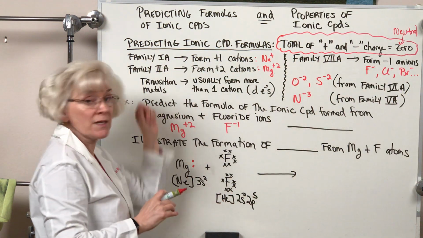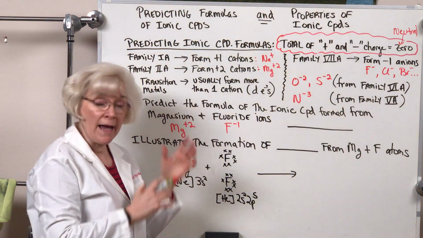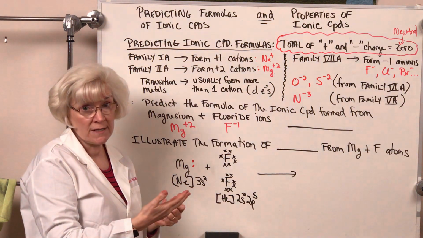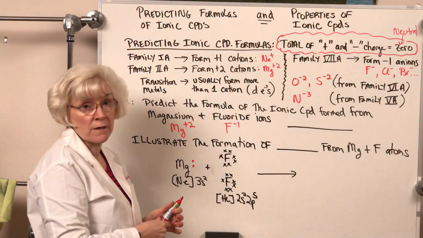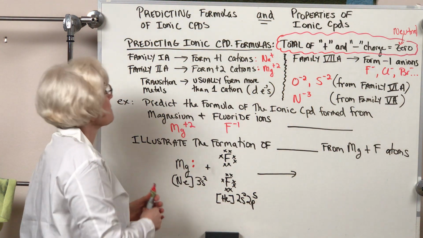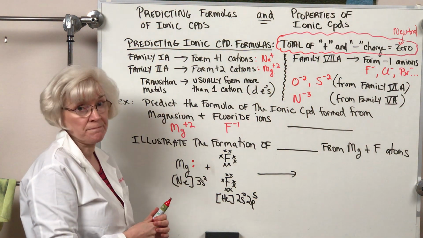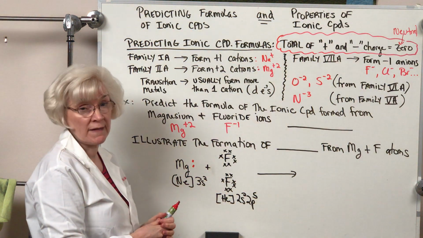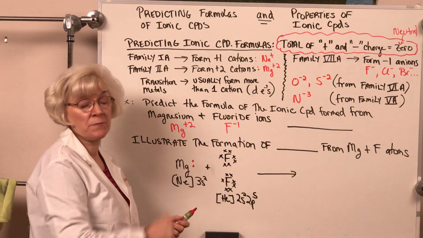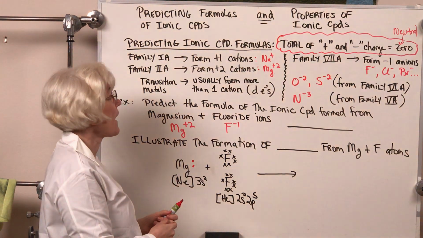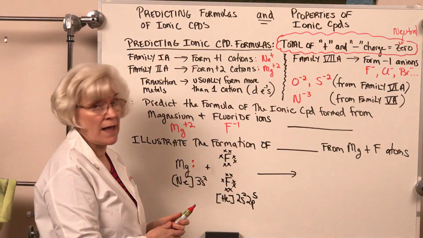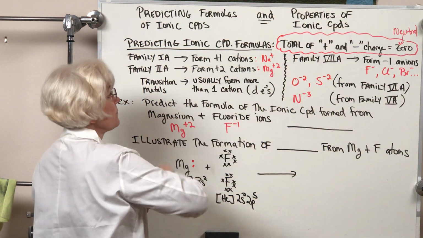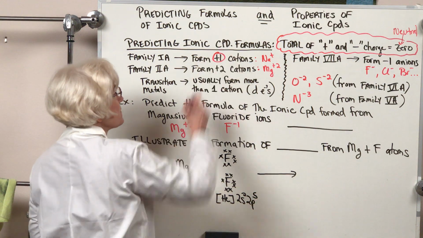So we can use the periodic table and the octet rule to help us predict charges that atoms would form when they become ions. Family 1A, the alkali metal family, have one valence electron, and just as we saw in the formation of sodium chloride, all of the alkali metal elements will lose one electron and form +1 cations.